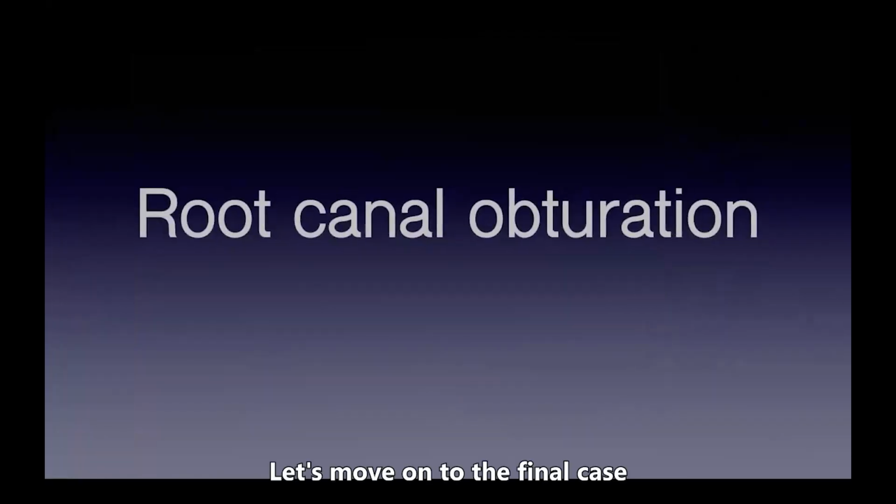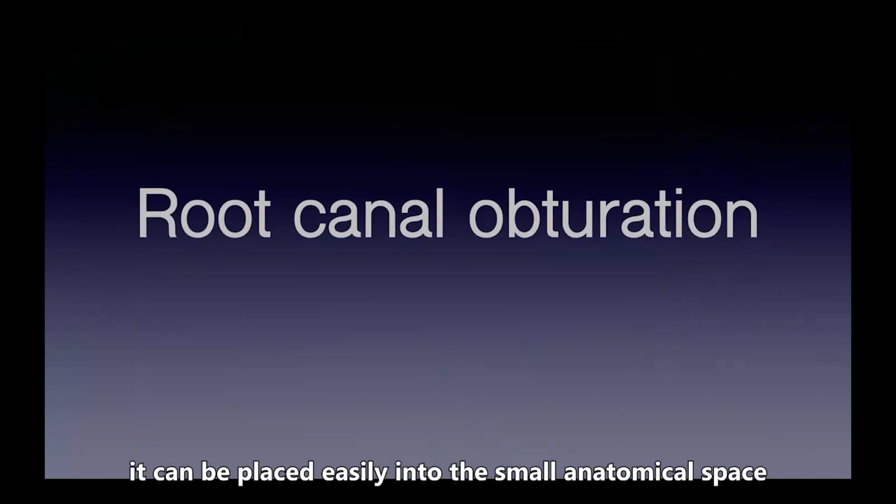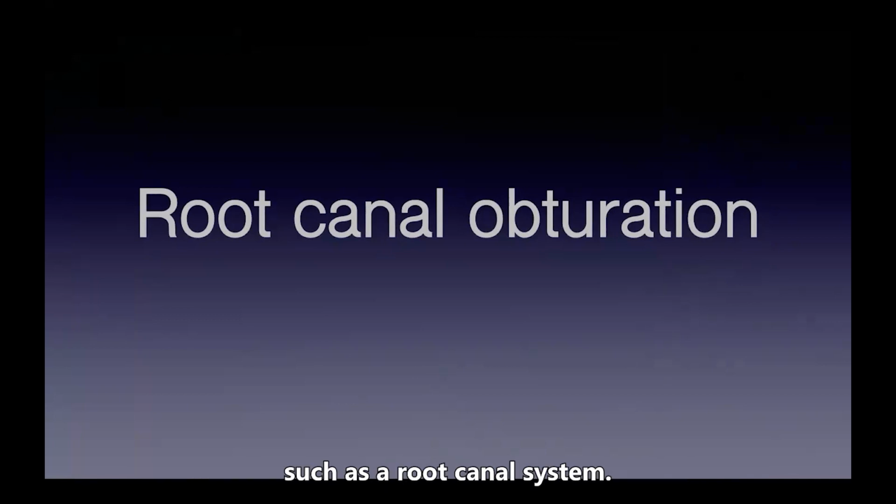Let's move on to the final case, root canal filling. As I mentioned previously, the premixing technology provides the bioceramic material an injectability so that it can be placed easily into the small anatomical space, such as root canal system.